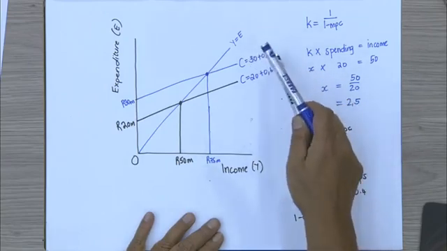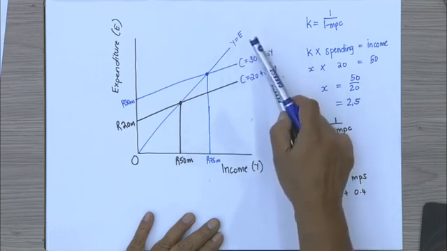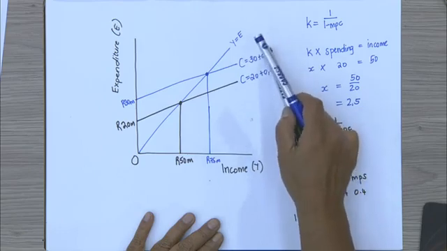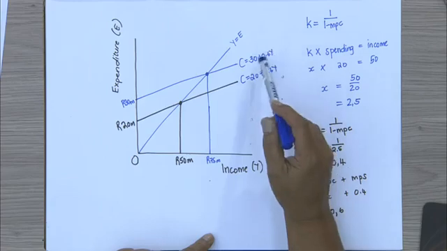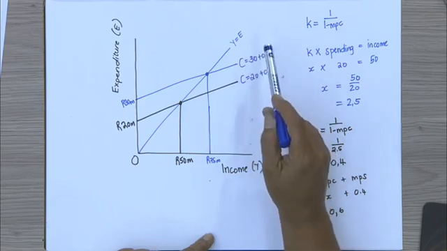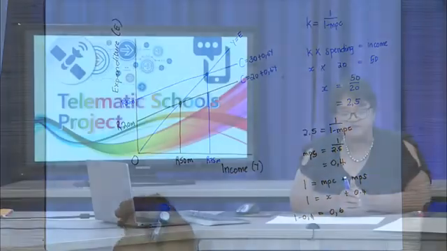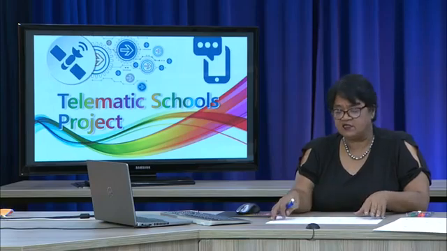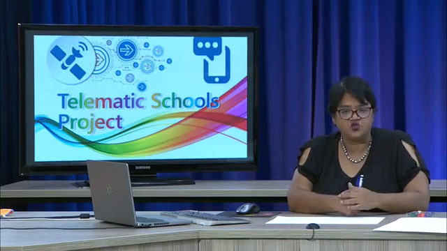And if they don't give you your MPC, they just give you this consumption function, then you know the 0.6y. That 0.6 is your MPC, because what this is telling you is that businesses invest 30 million and consumers spend 60% of their income. And that is all you need to know with regards to the two-sector model.